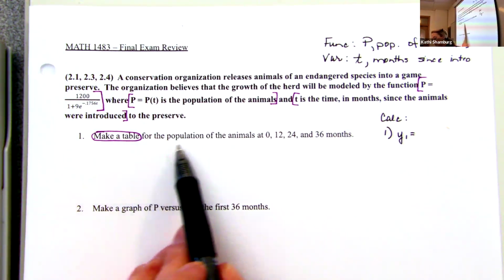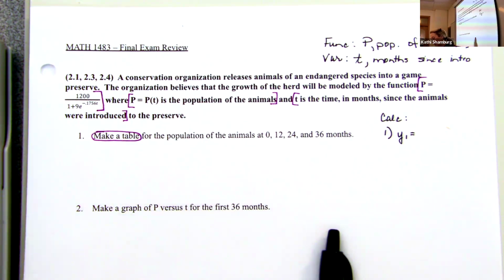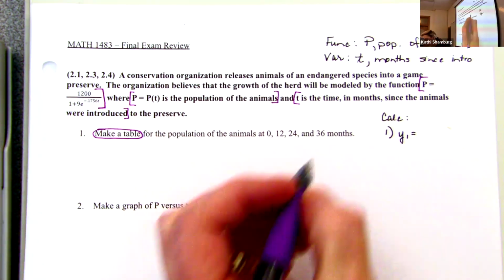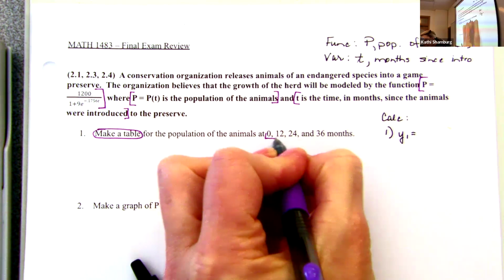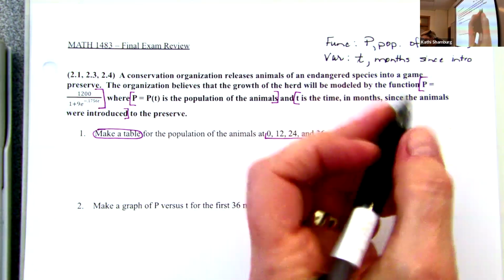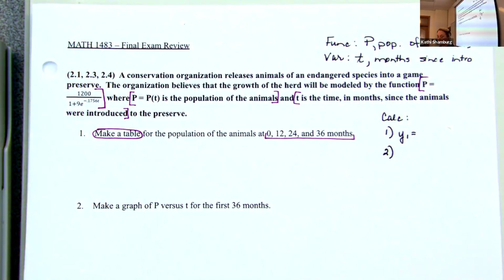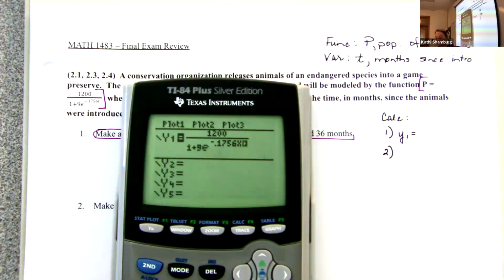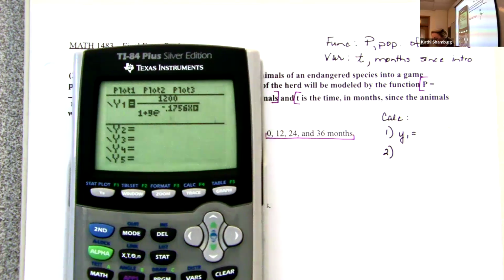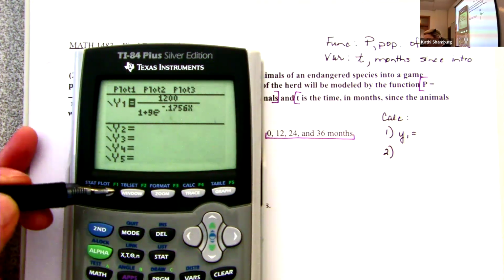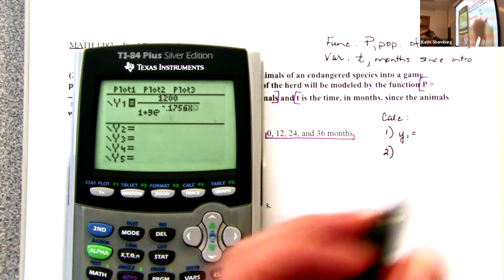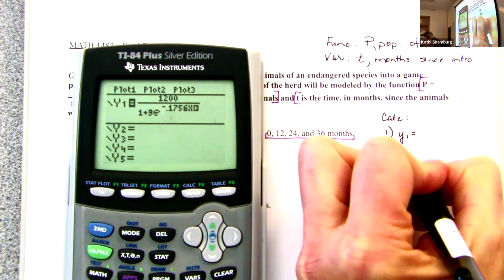All right, so I've got y equals in there. Now it says make a table for the population of the animals, and we're given this information right here as well. So that's going to help me with step 2, which, what is step 2? Table set. Table set is above window, so it is second window.